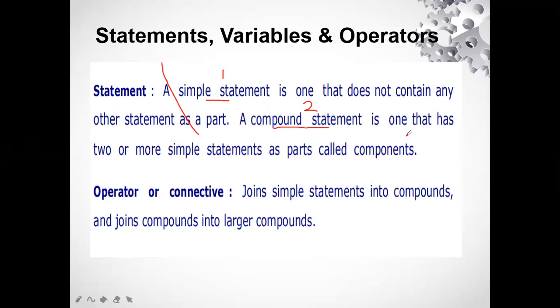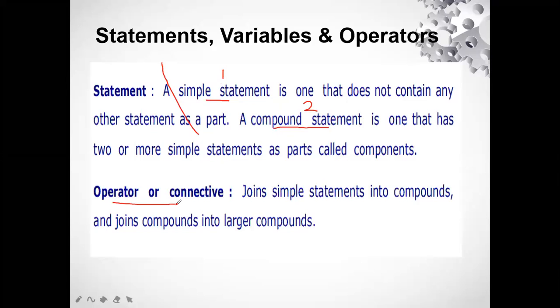A compound statement is one that has two or more simple statements as components. But if we have just a single statement that does not contain any other part, that is called a simple statement. So these are the two types of statements.